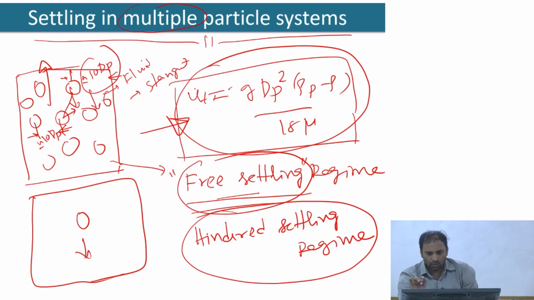So if I take this expression and modify it for the case of hindered settling, what do you think should be the modification?